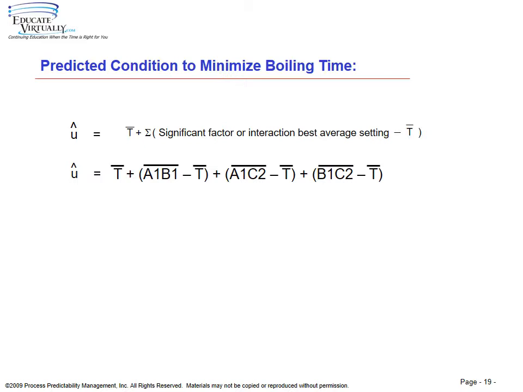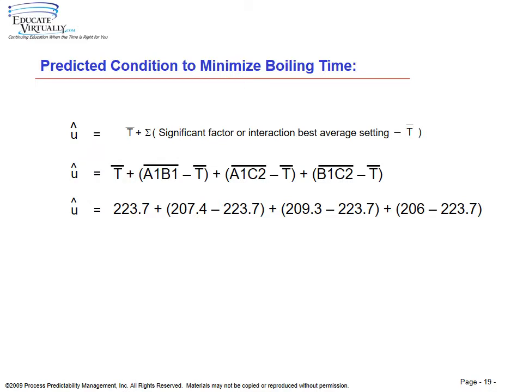And we only put significant factors in the prediction equation. In this case, because we had all significant interactions, that's all that's in the equation. We don't need to stick the main effects of A, B, and C in here because we've got them all covered with all of our combined effects.